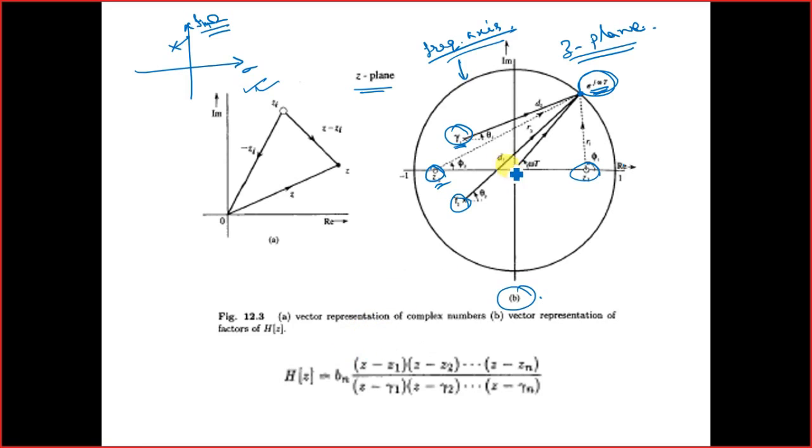Now, similar to the previous case, herein we are dealing with the z transform, so our transfer function would be H(z).